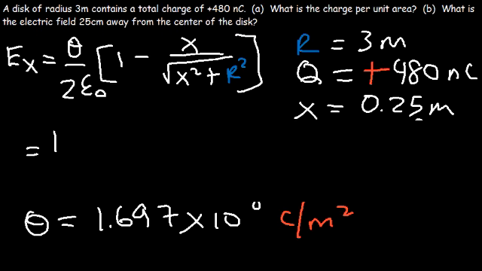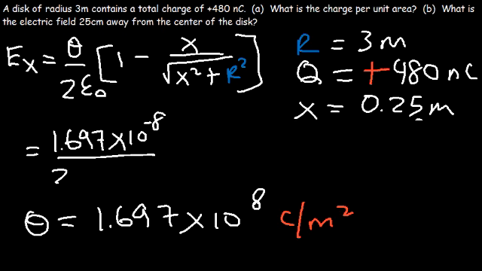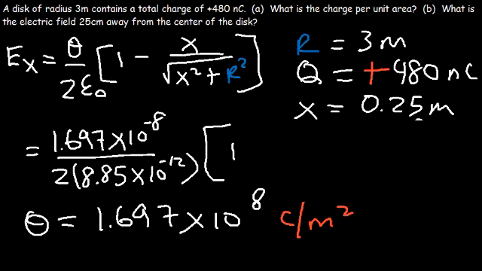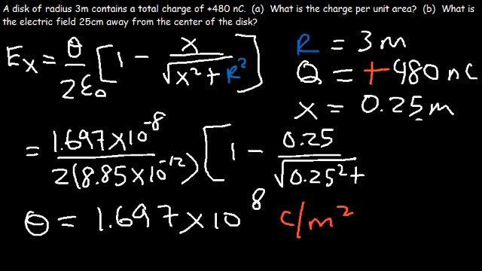Sigma is 1.697 times 10 to the negative 8, divided by 2 times epsilon sub naught, which is 8.85 times 10 to the negative 12, and then it's 1 minus x, where x is 0.25, divided by the square root of 0.25 squared plus r squared, which is 3 squared.